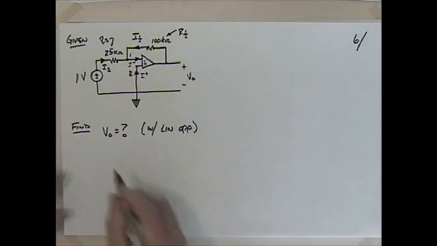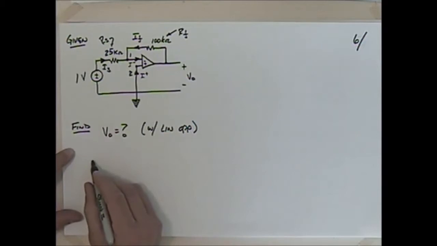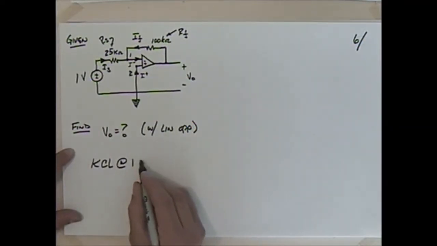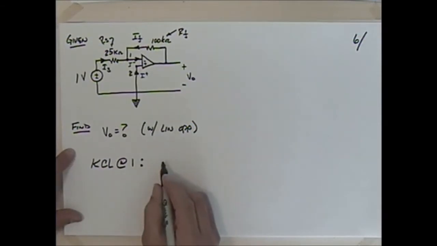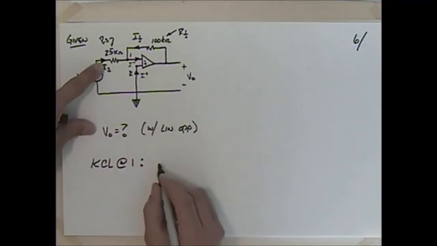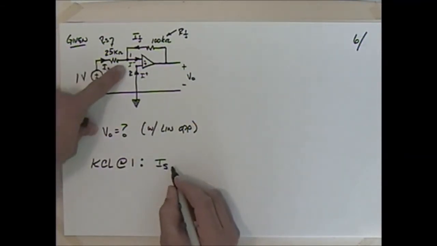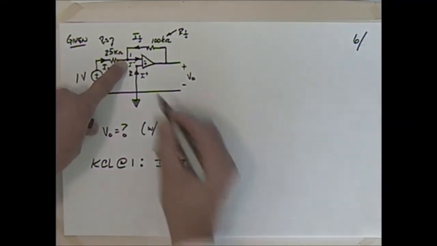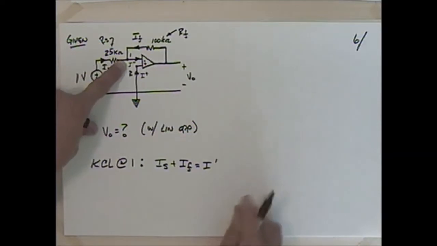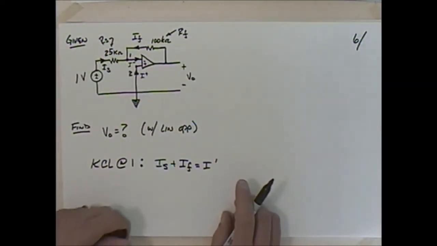So if I do Kirchhoff's current law at node 1, what do I get? Well, IS is coming in, the source. IF is coming in, and what's leaving? What's going in is equal to what's leaving, I minus.